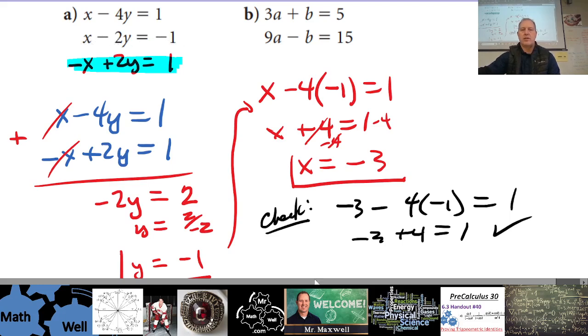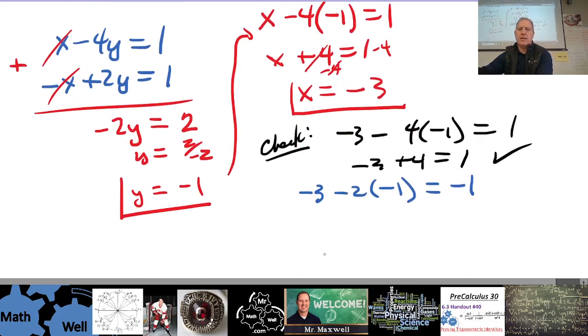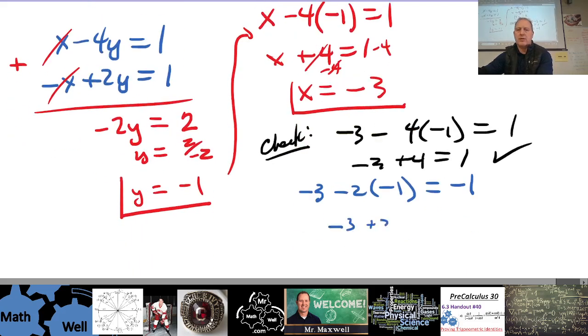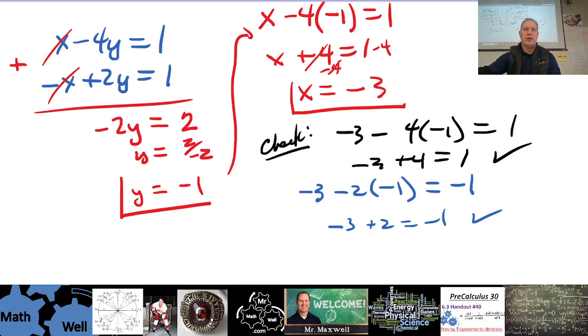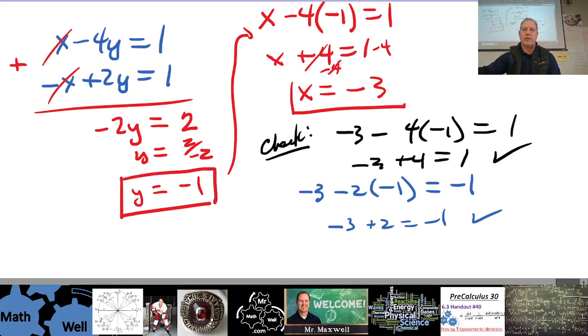So original equation, I'll use a different color. Negative 3 minus 2 times negative 1 equals negative 1. And so that's negative 3 plus 2 is negative 1, and that is correct. So here are our two solutions, checked and verified.